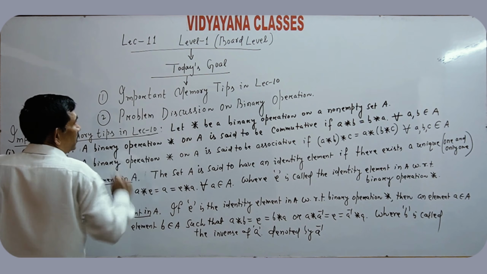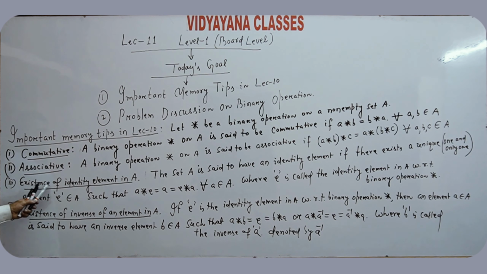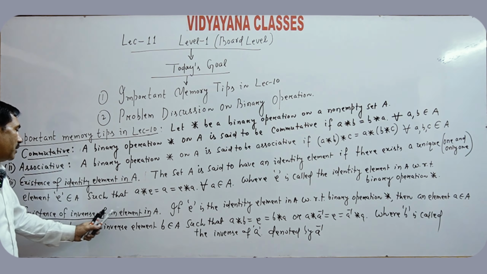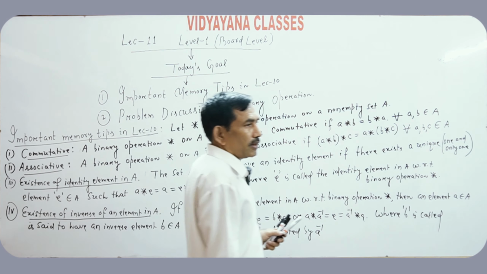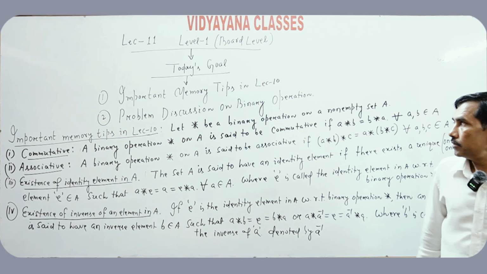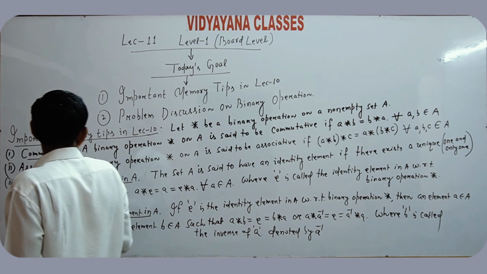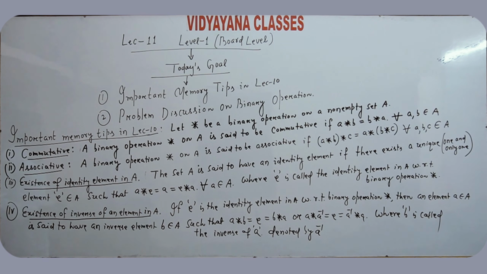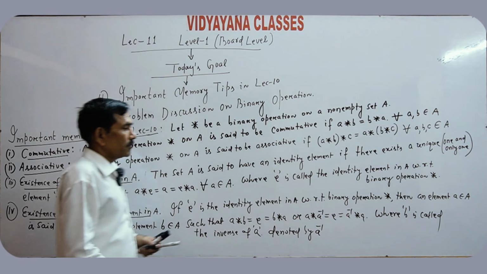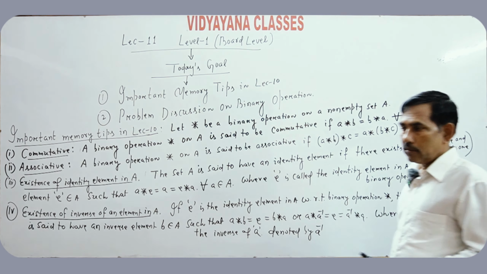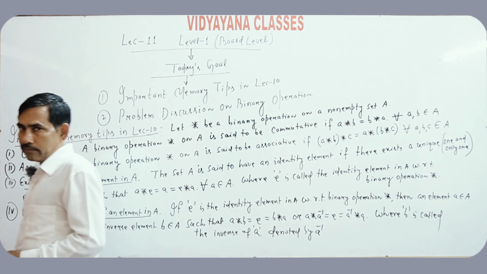First commutative, then associative, existence of identity element in A, and existence of inverse of an element in A. These are four important definitions to solve the problems of binary operation. Clear? Okay, note down.